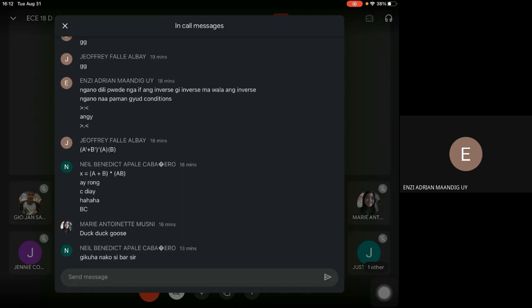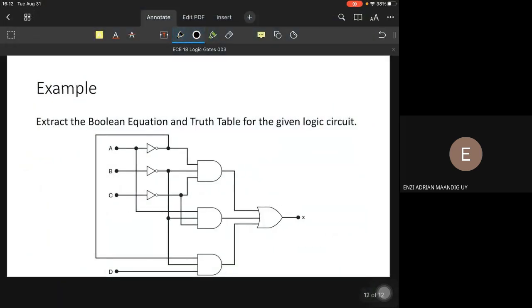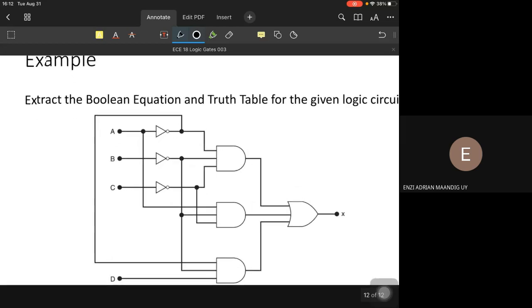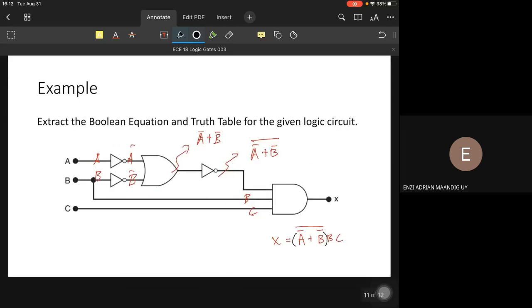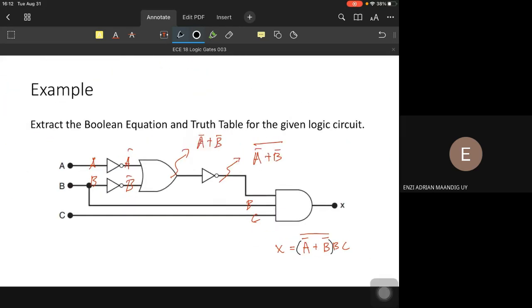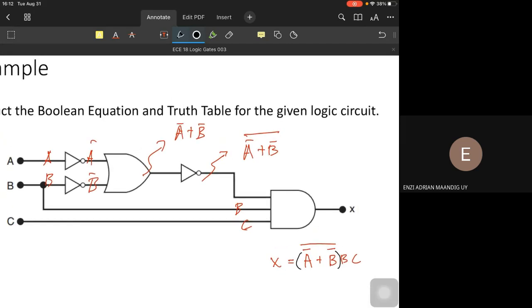Okay, we all have the same answer. I hope so. How about this one? Is the question also a truth table? How about the truth table?